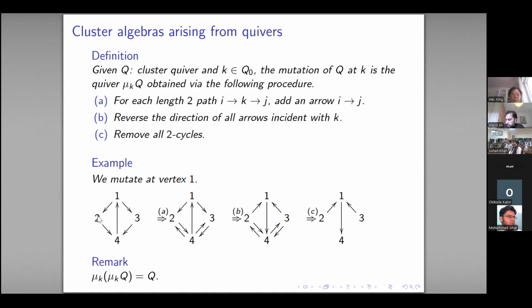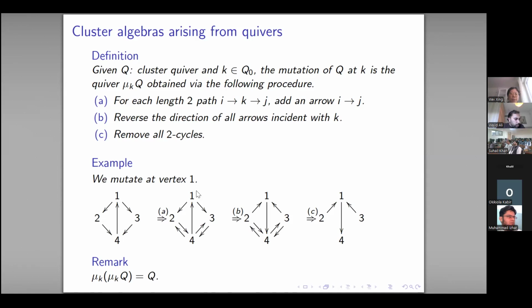Here we can see that there's such a path that goes from 4 to 1 to 2. Then we need to add an arrow from 4 to 2. And similarly, we have such a path from 4 to 1 to 3. And again, we need to add an arrow from 4 to 3. So then we get the second quiver after the first step.